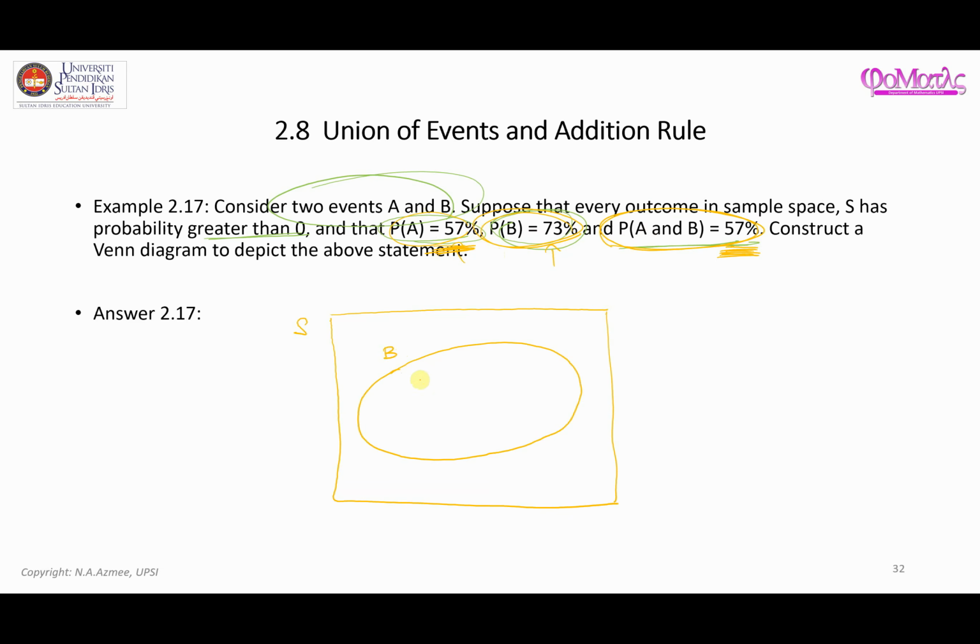So this is set B, where the probability is greater, 73%. And set A is going to be inside set B, where the probability of that occurring is 57%. And you can see that this area is also the intersection area between A and B. So the intersection area here, 57%, is equal to the probability of A. So this is how the Venn diagram is going to look like.